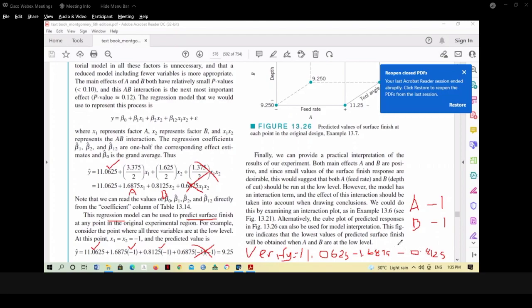You can predict if factor A is at low level and factor B is at low level; C doesn't matter because C is not significantly affecting the response.